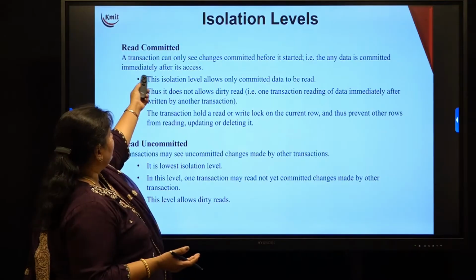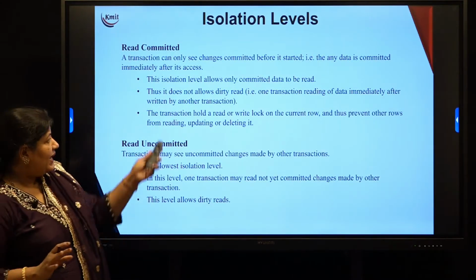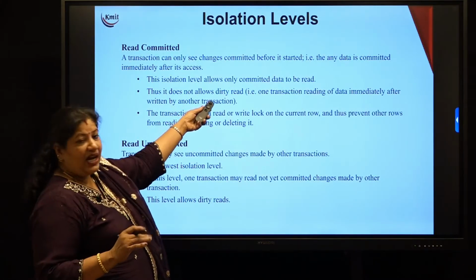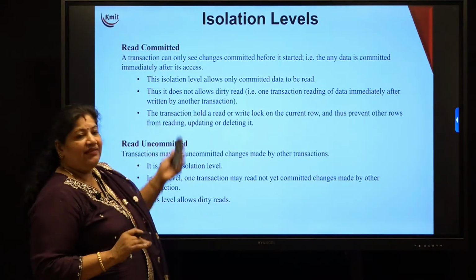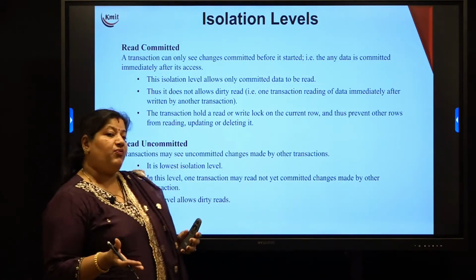Any data is committed immediately after its access. Here this isolation allows only committed data to be read, so no chance of dirty reads. A dirty read is when one transaction reads data immediately after another transaction has updated it, even before it commits.